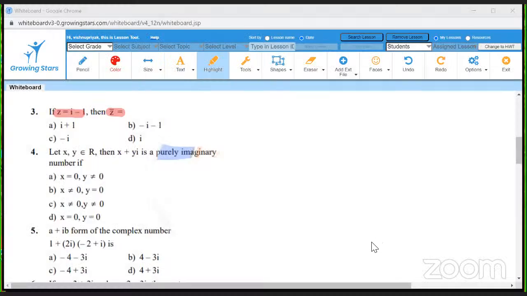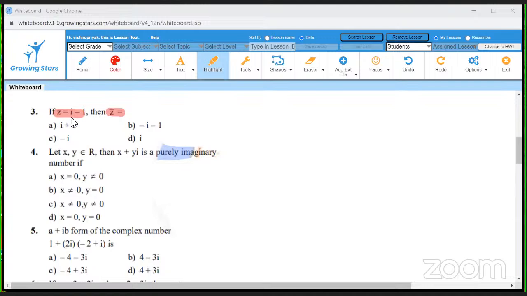What do you think the answer for the third one will be? Z is given as i minus 1. What is Z bar? Okay, can you see the screen? I have put question number 3.